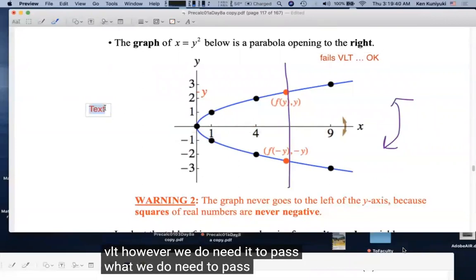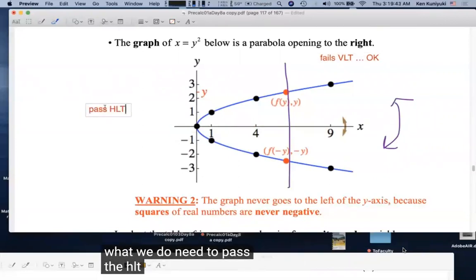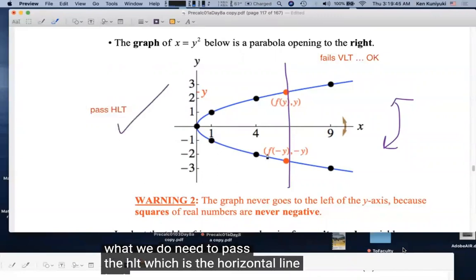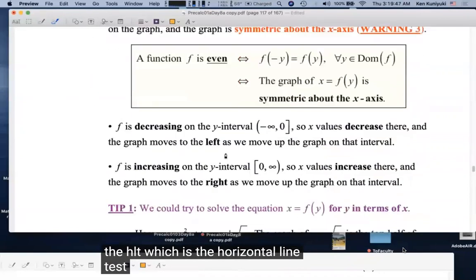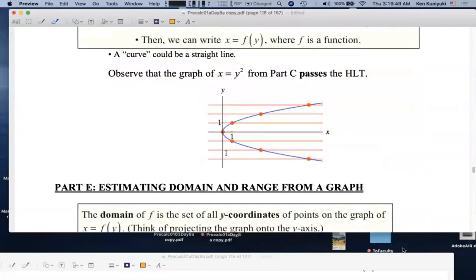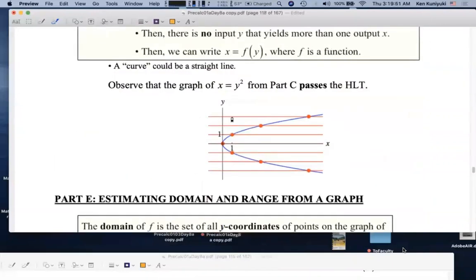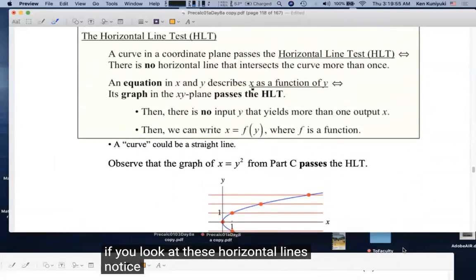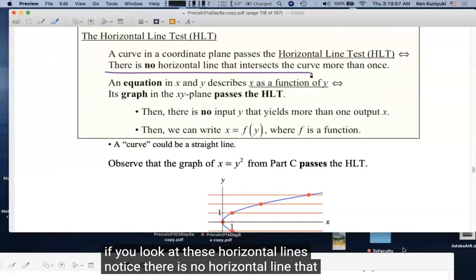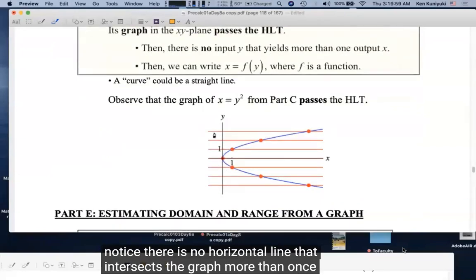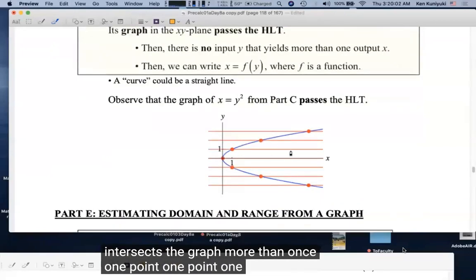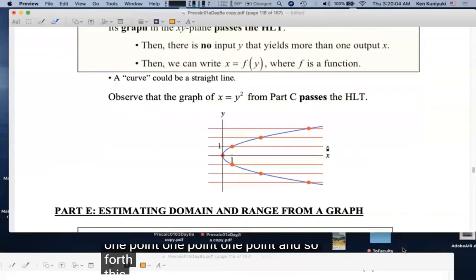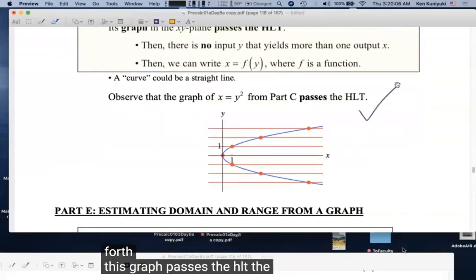We do need it to pass the HLT, which is the horizontal line test. If you look at these horizontal lines, notice there is no horizontal line that intersects the graph more than once. 1 point, 1 point, 1 point, and so forth. This graph passes the HLT, the horizontal line test.